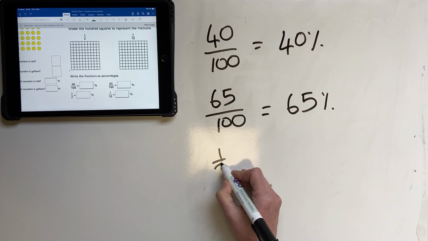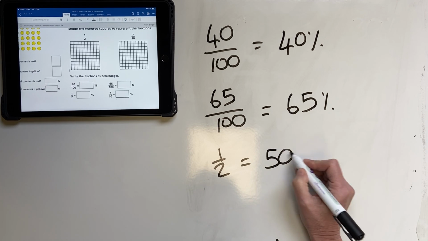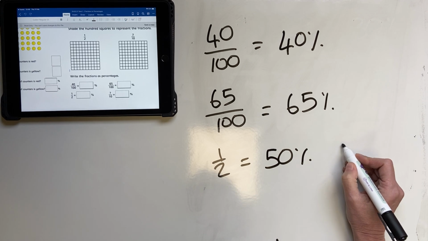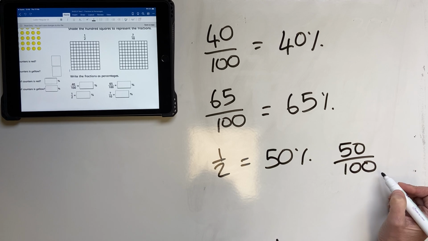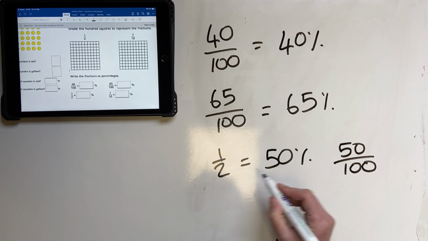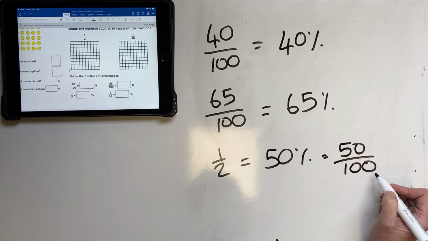A half is 50%. 50% is half of 100. So 50 out of 100. So half is the equivalent to 50%, which is the equivalent to 50 hundredths.